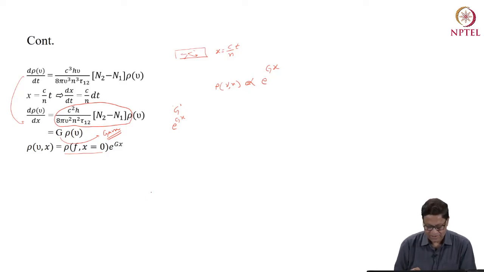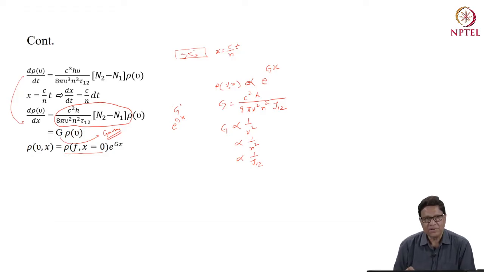It is growing very rapidly because this g function is in the exponential. And if you see this g function, g is c square h over 8 pi nu square n square tau 12. That means the gain is inversely proportional to nu square, inversely proportional to n square, the refractive index, and also inversely proportional to the average spontaneous lifetime of the photon.